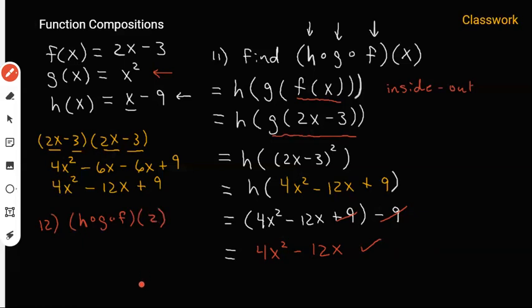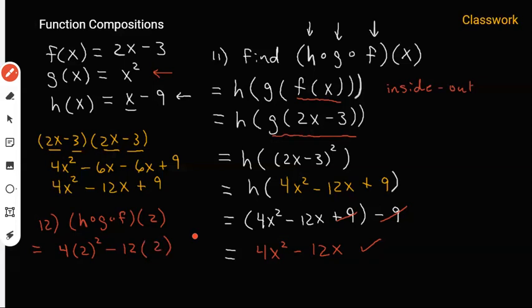So what that means is everywhere I see an x in this function, I'm going to replace it with a 2. So let's see what happens when I do that. I'm going to take that 4x squared, but I'm going to replace the x with a 2, right? And I'm going to have minus 12x, but of course I'm going to replace the x with a 2. And then we work it out.